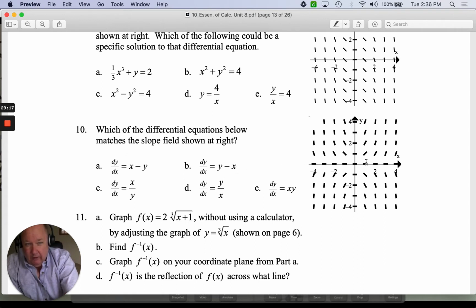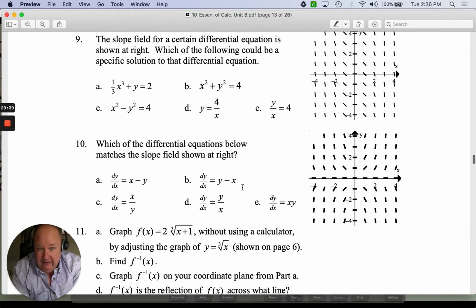How about at 1, 0? If x is 1 and y is 0, the answer should still be 0. So that's only true for E. So that's the only one I see that can match. So try to take a point off the origin and test it to see if it works or not. So I tested 1, 0, and when you plug it in, the only one that would give you the answer 0 is E.